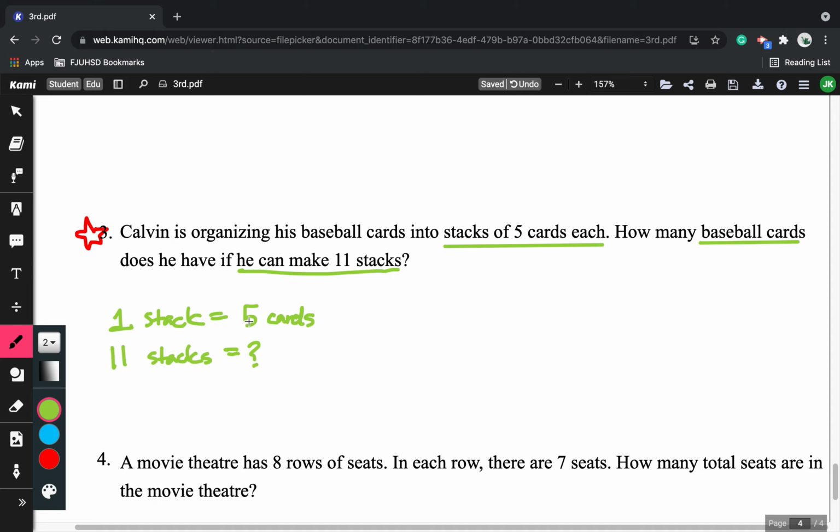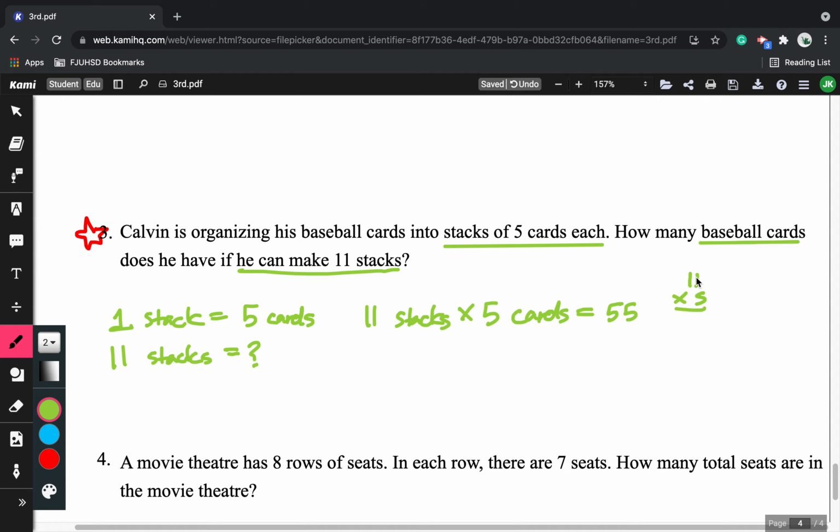Since one stack has 5 cards, 11 times 5 is going to be the answer, because we're finding how many cards are in 11 stacks. So the answer is 55, because 11 times 5.